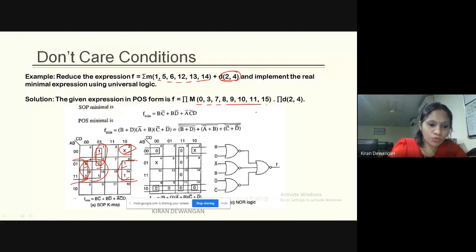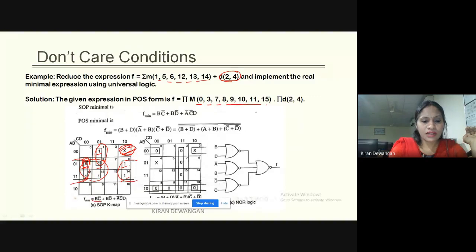Clear? So this was required, and this was not required. Hence we can just ignore this particular don't care term. Is this concept of don't care clear? If it is required, we'll use it in the formation of a quad or pair. If it is not required, we can just ignore it. That is the only concept of the don't care condition. Clear? So we have two quads and one pair.